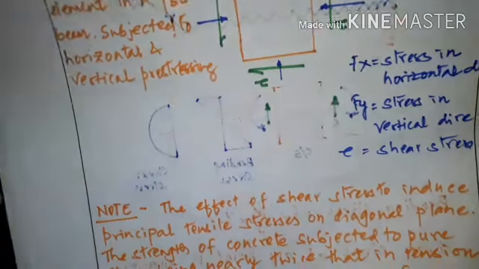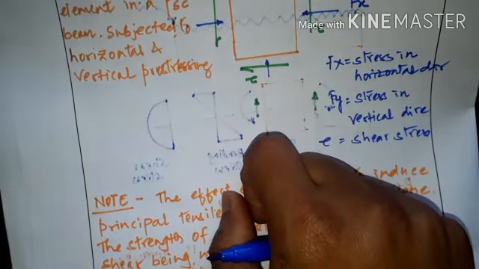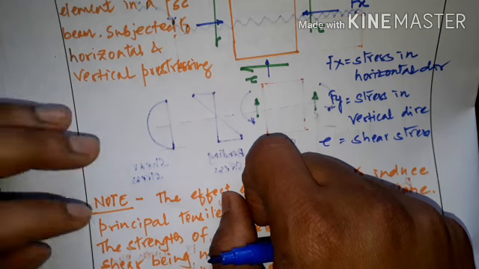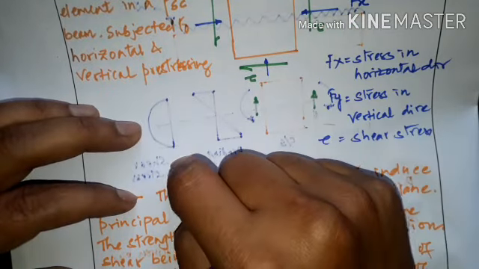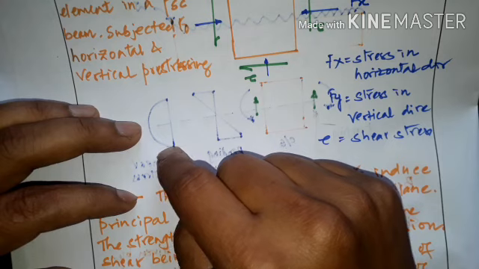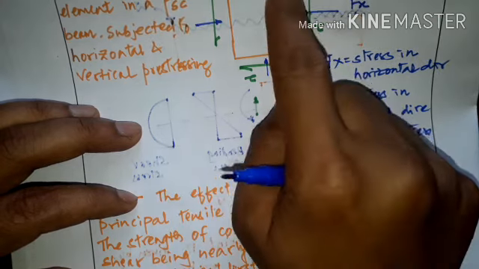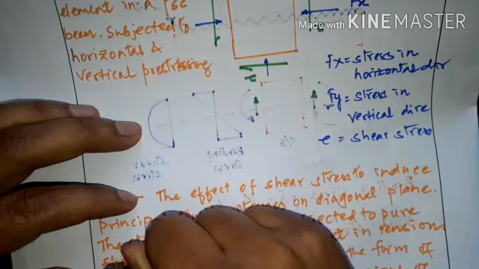Through this sketch you can observe a small element from a prestressed concrete beam subjected to horizontal and vertical prestressing force. Fx and Fy are the direct stresses, and these two are the shear stresses, tau.